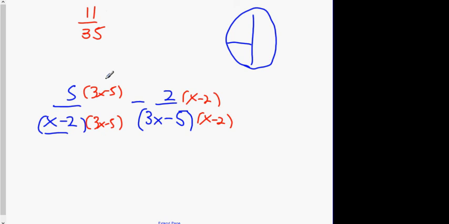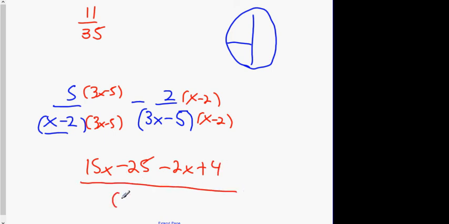Okay, so 5 times 3x, 15x, 5 times minus 5, minus 25, minus 2 times x, minus 2x, minus 2 times 2. Anybody? Plus 4. Now, on the bottom, you don't have to multiply out the brackets. You could, but it won't make a difference. So you can just keep them as being multiplied by each other.